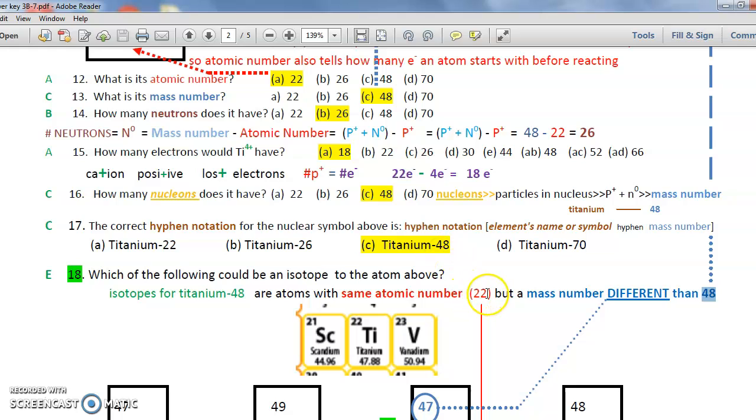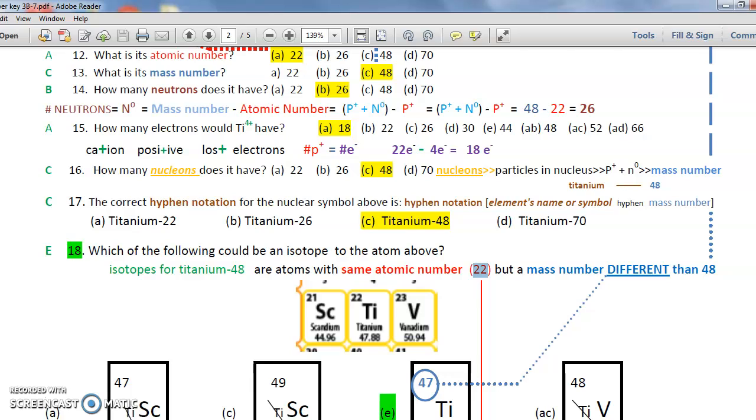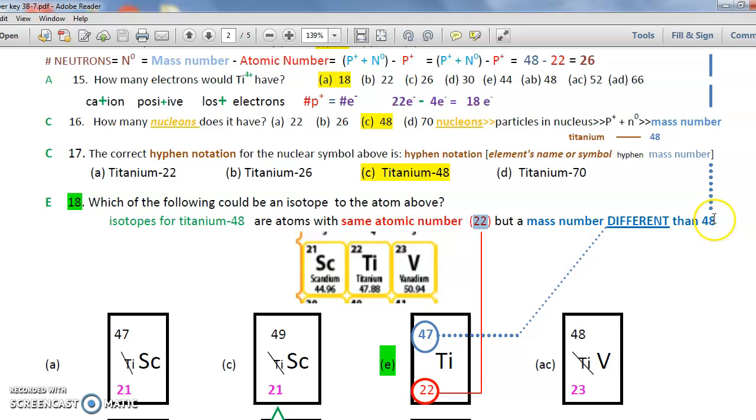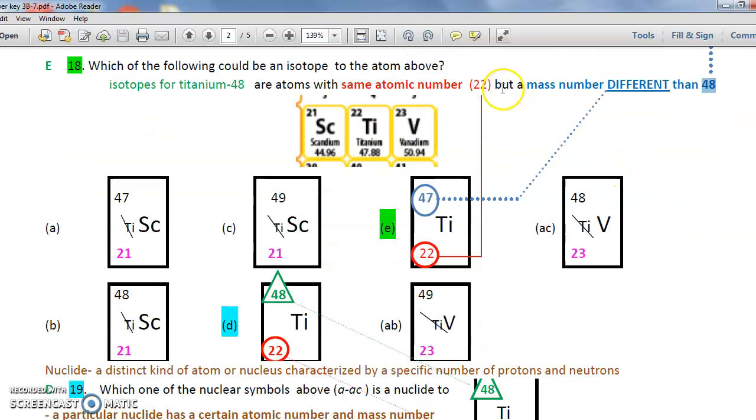Titanium-49 would have 22 protons and 27 neutrons. It could also have less than 48 total particles in the nucleus, but it must be a different number than 48. So we're going to look for something with an atomic number of 22. Can't be this one. This one has an atomic number of 21.